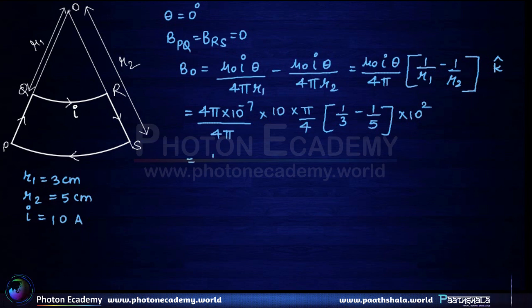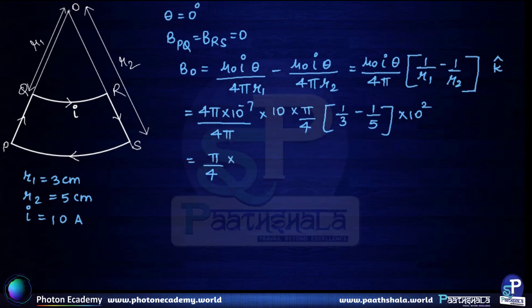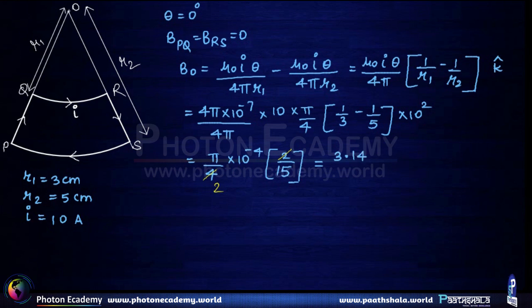This will become pi by 4 into 10 to the power minus 4 into 2 by 15, which is 3.14 into 10 to the power minus 4 divided by 30.